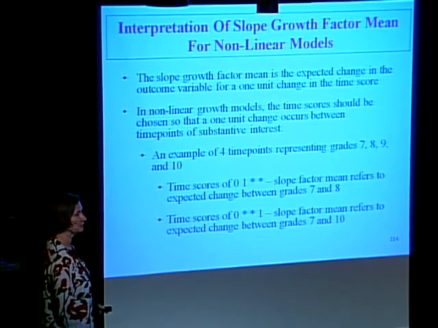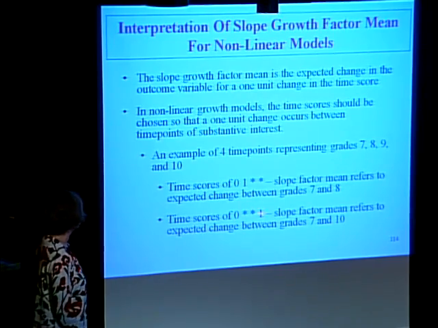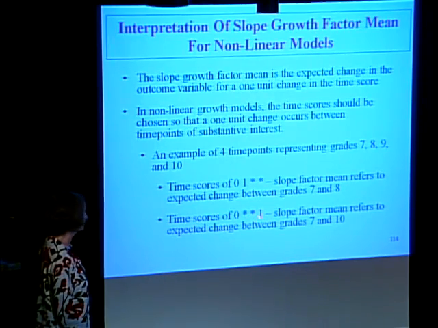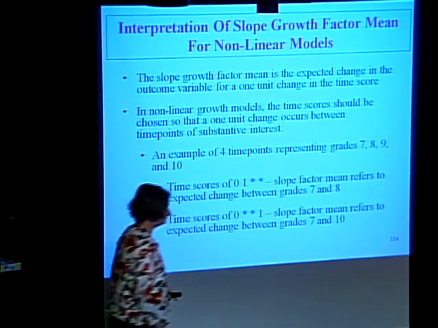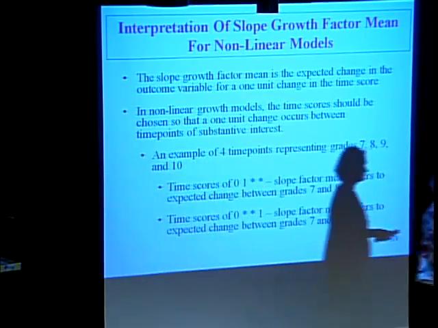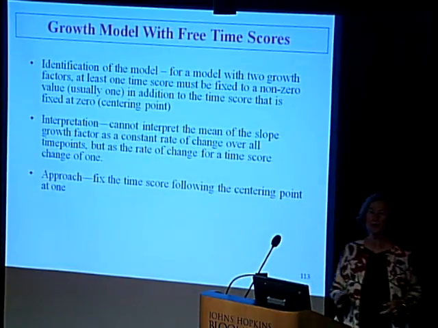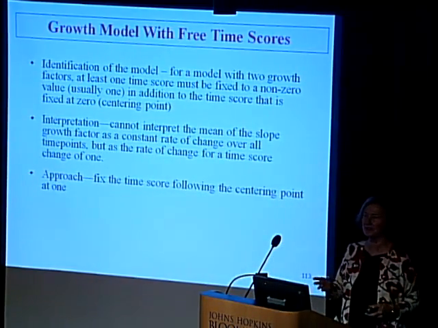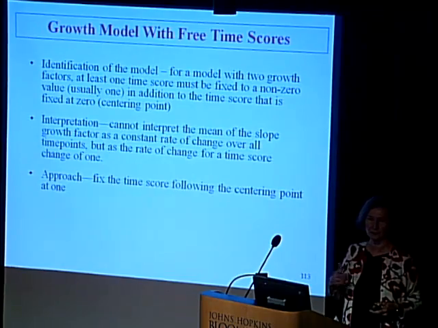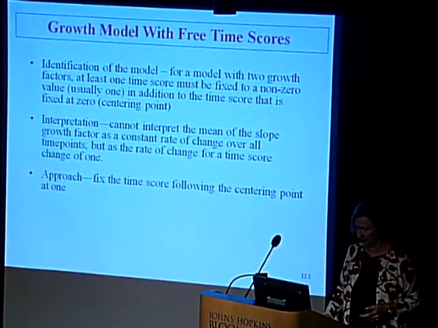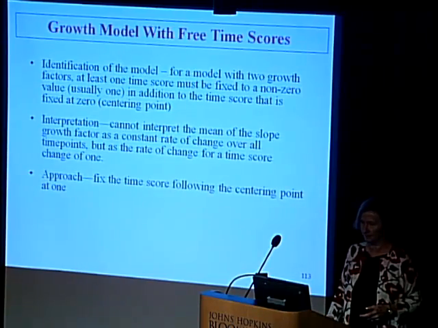It doesn't apply between time 1 and 2, 2 and 3, and 3 and 4, which makes sense. And then, like I showed you, when you estimate the time score, you can see if it's different from the previous time score, or whether maybe you didn't need that. You could fix it.